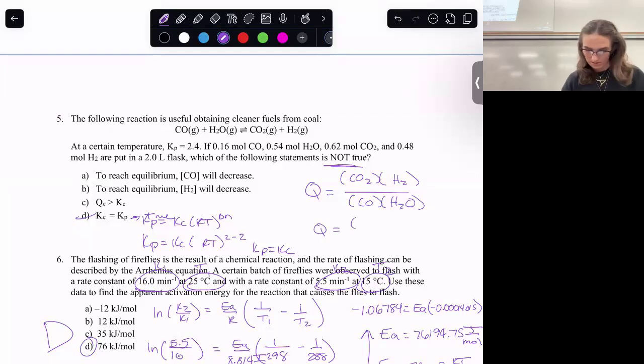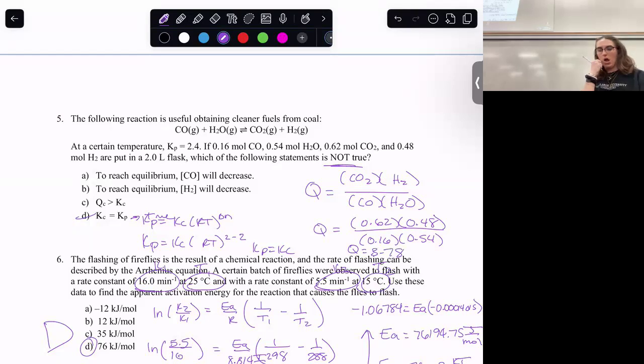Q is 0.62 times 0.48 over 0.16 times 0.54. And Q is equal to 3.78.